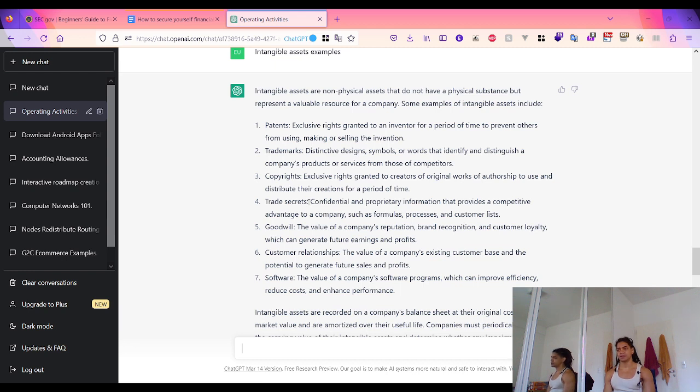Patents provide exclusive rights to an inventor to prevent others from using, making, or selling the invention. That's patent. And then you have copyrights, which work quite the same, but this is for the creators of original works, allowing exclusive right to use and distribute their creations for a period of time.